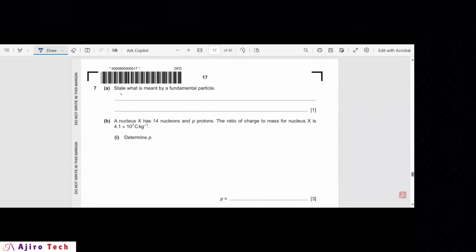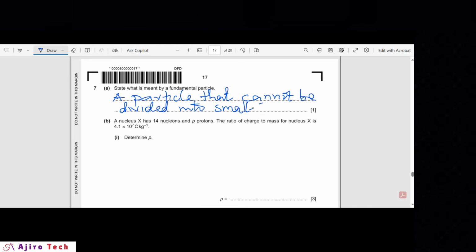A fundamental particle is a particle that cannot be divided into smaller particles.